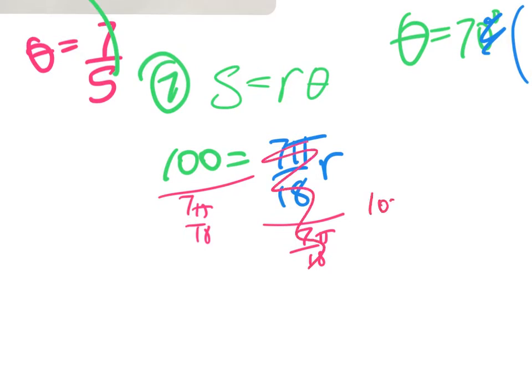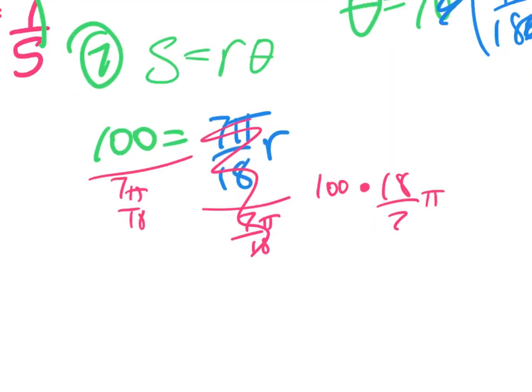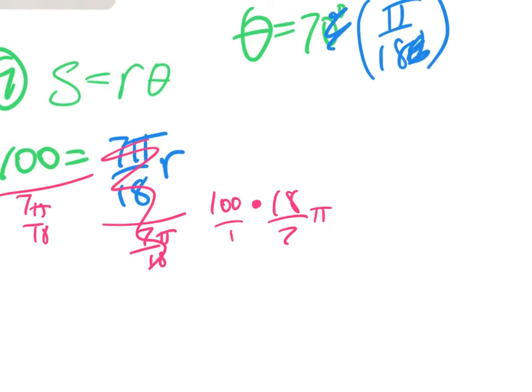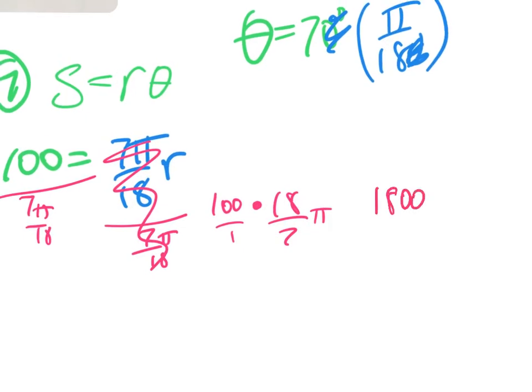So I would keep, change, and I'd flip. It'd be 18 over 7, good. And then just simplify. What's 18 times 100? 1800 over 7. Does that simplify at all? No, just leave it then. That's fine. The main thing to remember is that your central angle has to be in what? Radians.